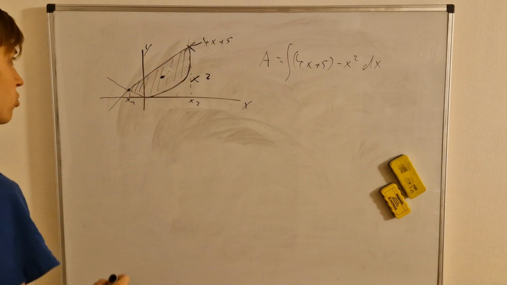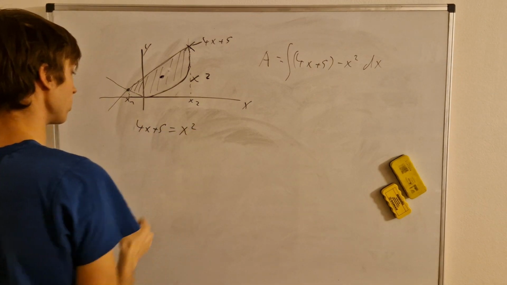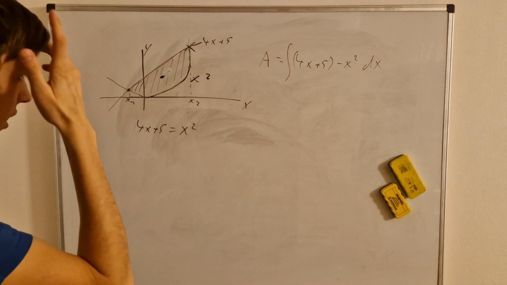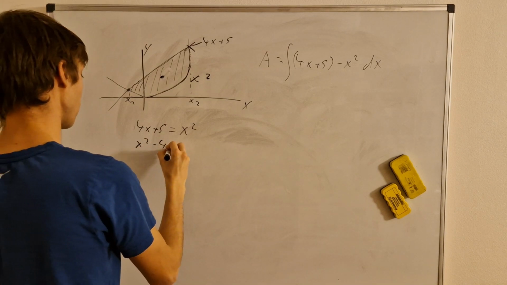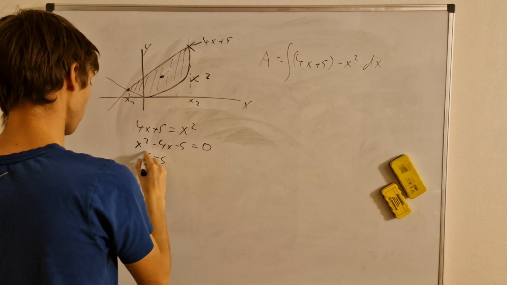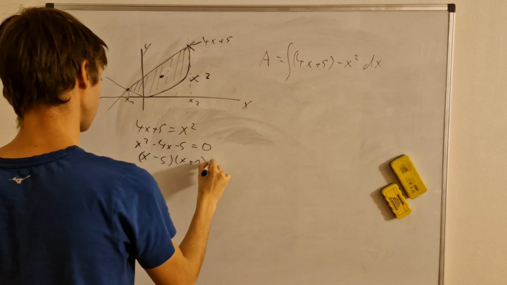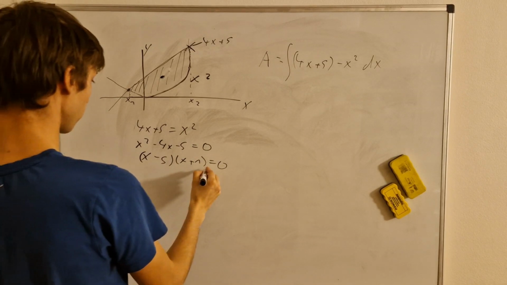To find these values, we can look at 4x plus 5 equals x squared, the points where the y's of the two functions are equal. This can be solved like a quadratic equation. These two points end up being whole integers, which is useful.